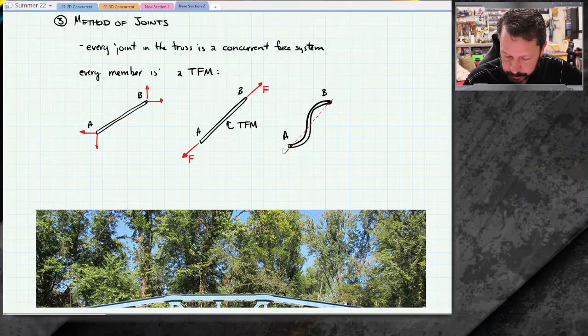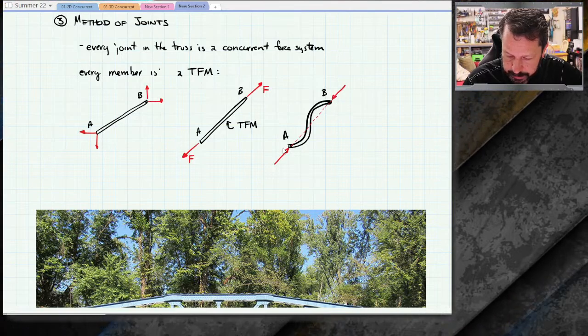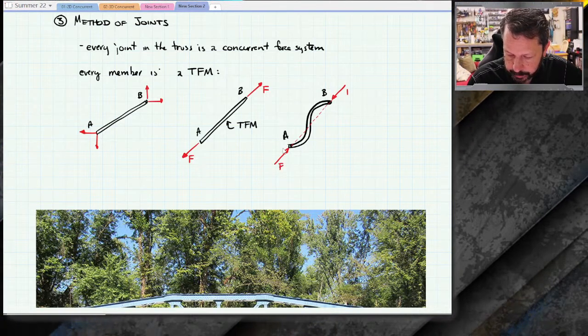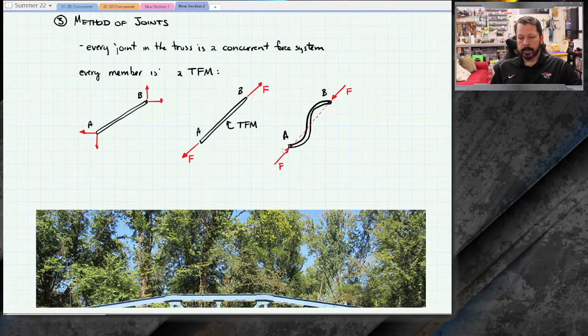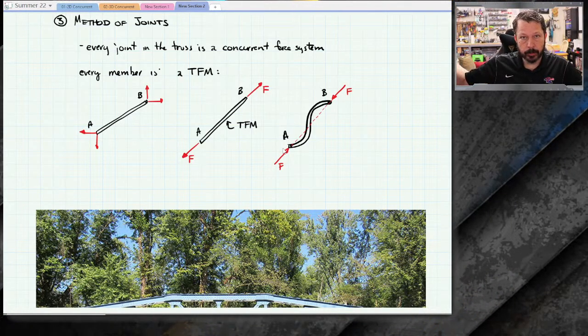So I'll draw this one in compression. So even though AB is this weird S shape, I still know that the line of action is between points A and B, wherever they are.